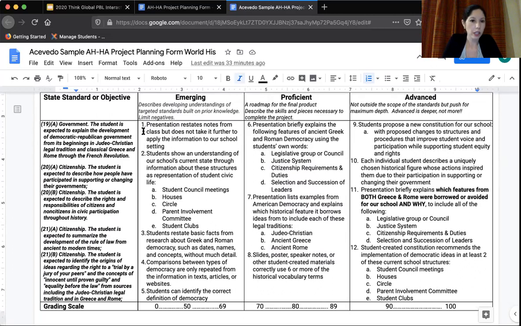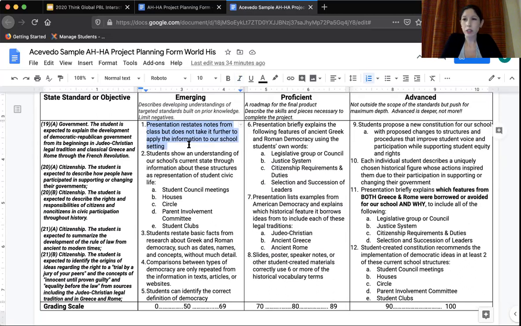Let's look at emerging. So if the presentation restates notes from class, but does not take it further to apply the information to our school setting, that's going to be someone that's emerging. And I've taught this content many, many times. I've done different projects with this content.